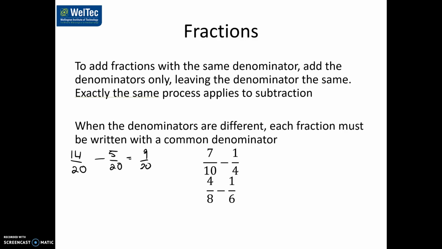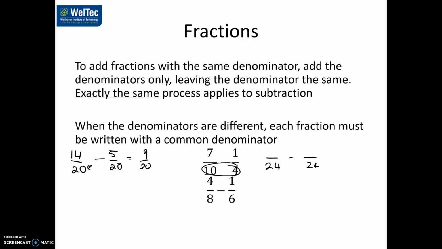That's because with 10 and 4, we can use 20. Now 4 over 8 minus 1 over 6. Why don't we go for 6 times 8, which is 48? No, the least common multiple would be 24, I think. So let's do each fraction over 24.